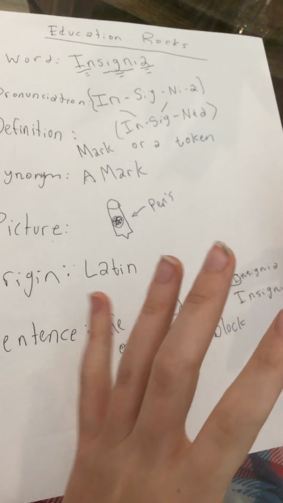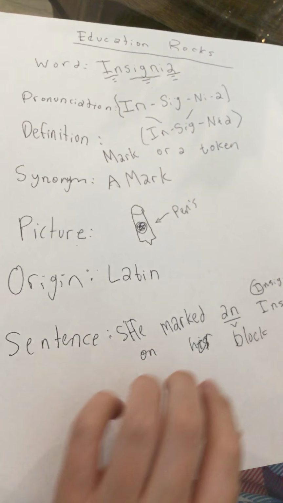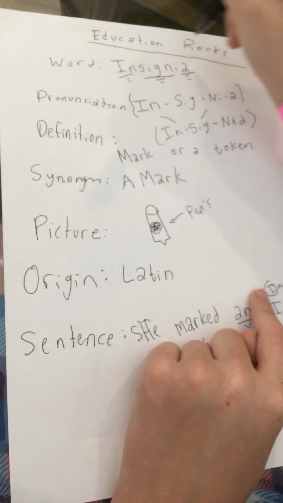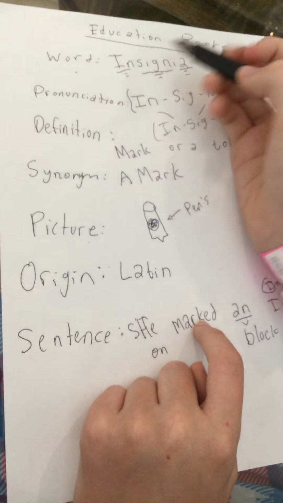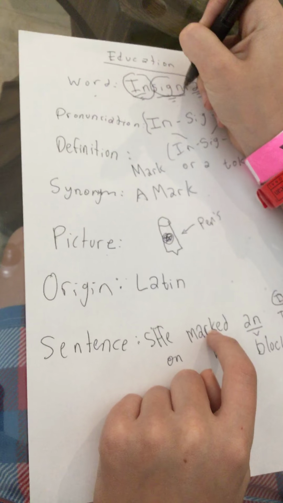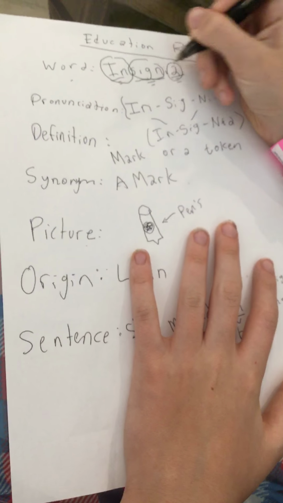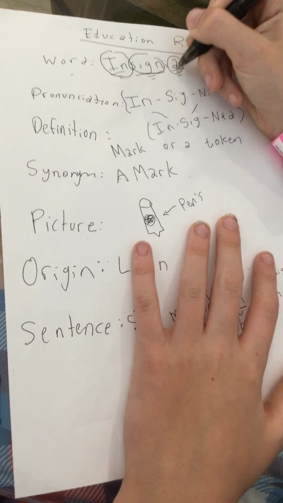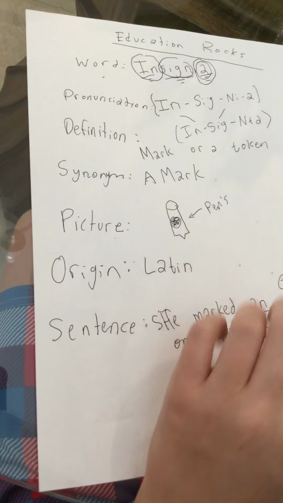And so now we're gonna go over this word. So Education Rocks. The word is insignia. We found 2 base words, in and sign. We actually found 2 because we don't know if A is important, so I'm gonna circle it twice.